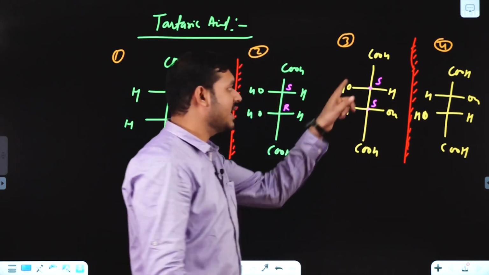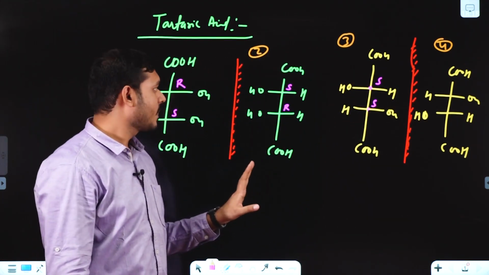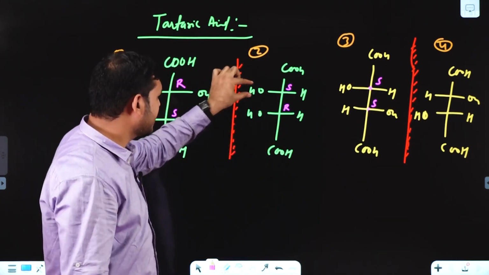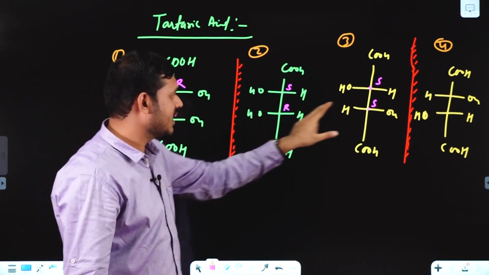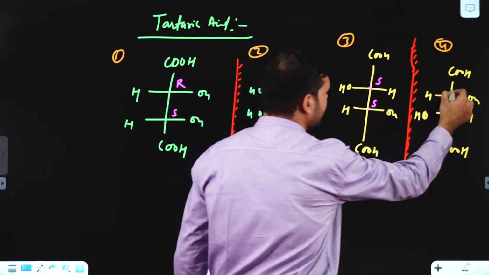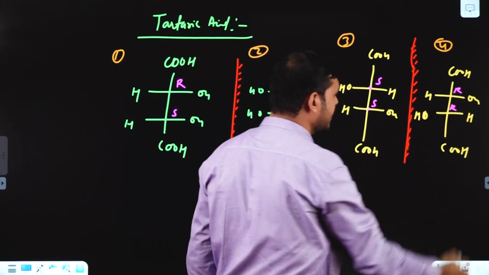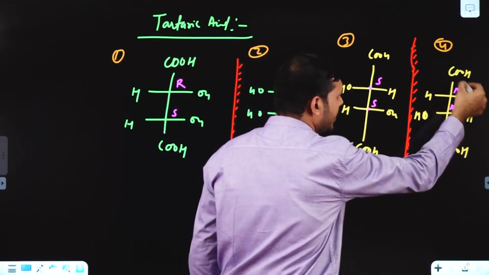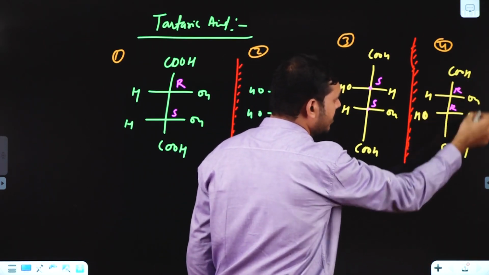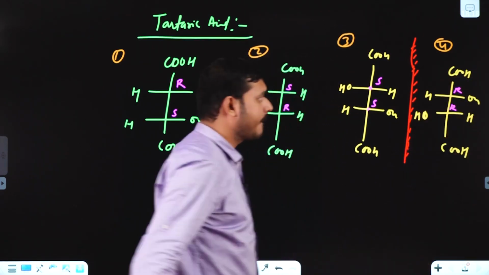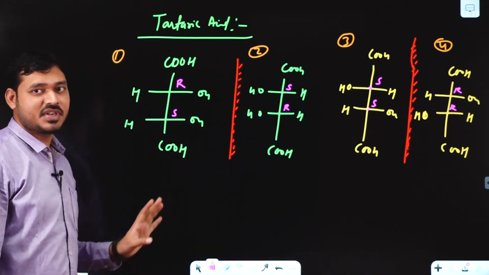Now this is SS configuration. Obviously, this OH was having S and this OH on single interchange, S. Now you can see the mirror image will form RR. Simply, you can check it. 1, 2, anti-clockwise, hydrogen horizontal, clockwise, R, OH, anti, reverse, R. Okay. Now the RS configuration is over.